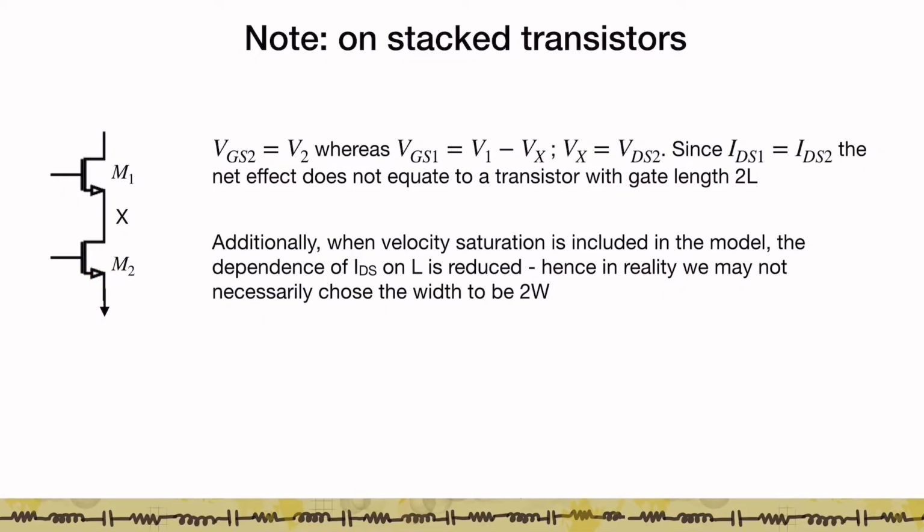So equating two transistors whose gate lengths are L and L to a transistor whose gate length is 2L gets even worse when velocity saturation is present. In reality, the sizing of this transistor is going to be something less than 2 times, and how much less depends on how velocity saturated these transistors are.